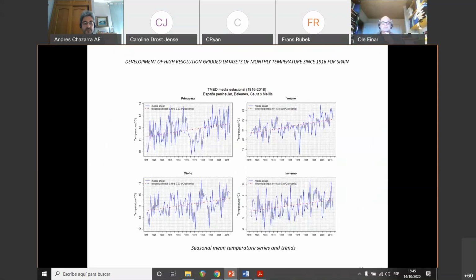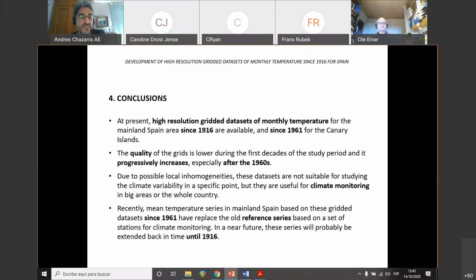Okay, thank you. So to end up with some conclusions, at present we have high resolution reader datasets of monthly temperature for the mainland Spain area since 1916 and since 1961 for the Canary Islands.